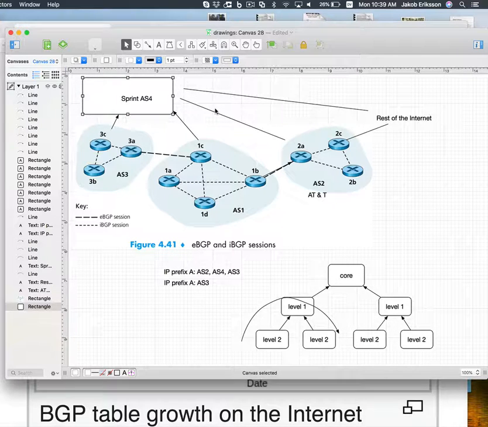Another thing that you might want to do with similar things, and I think this is where big time operators like Netflix come into play, is in load balancing. You might have multiple providers to your one data center, but one of the links is getting saturated. Like, my Sprint uplink is getting all the incoming traffic, right?